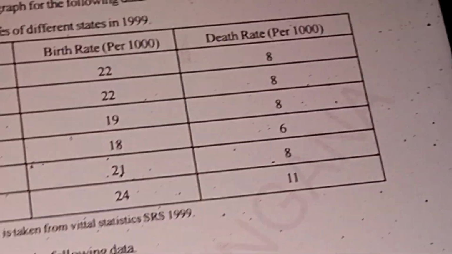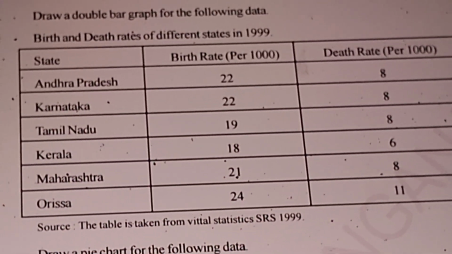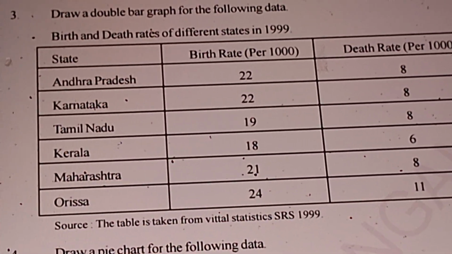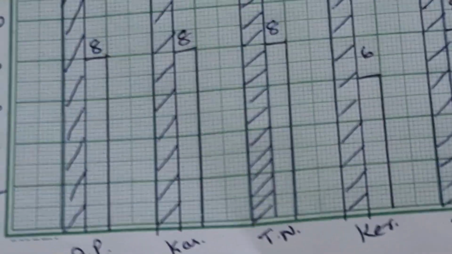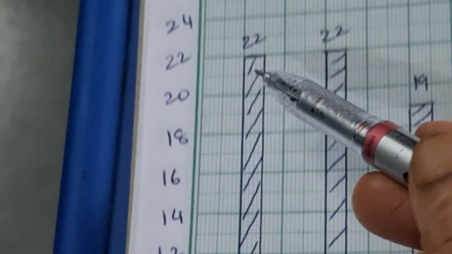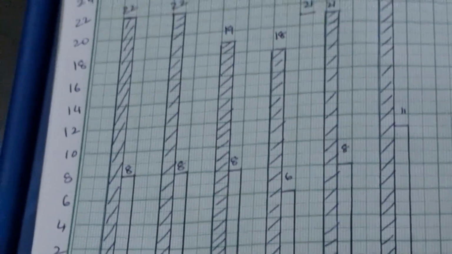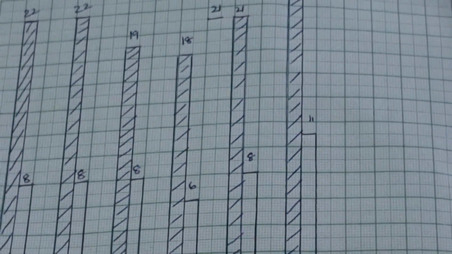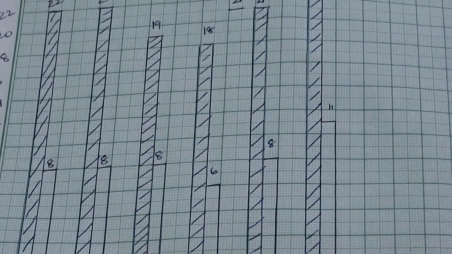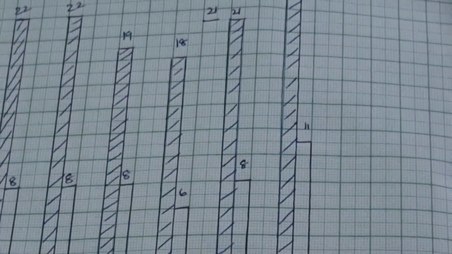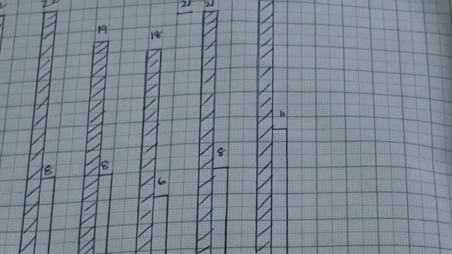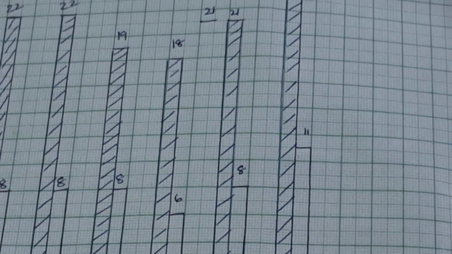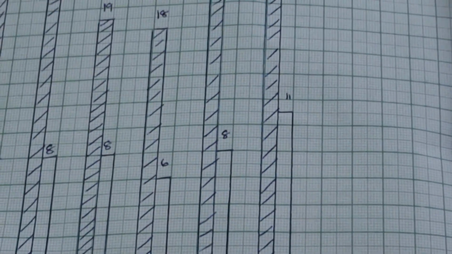So what is given here? Andhra Pradesh 22 and 8, 22 birth rate, 8 death rate. So here this is birth rate 22. Where is 22? See here. Up to here I have drawn a bar, that is 22 birth rate and 8 death rate. Similarly, Karnataka 22 and 8 same, Tamil Nadu 19 and 8, Kerala 18 and 6.